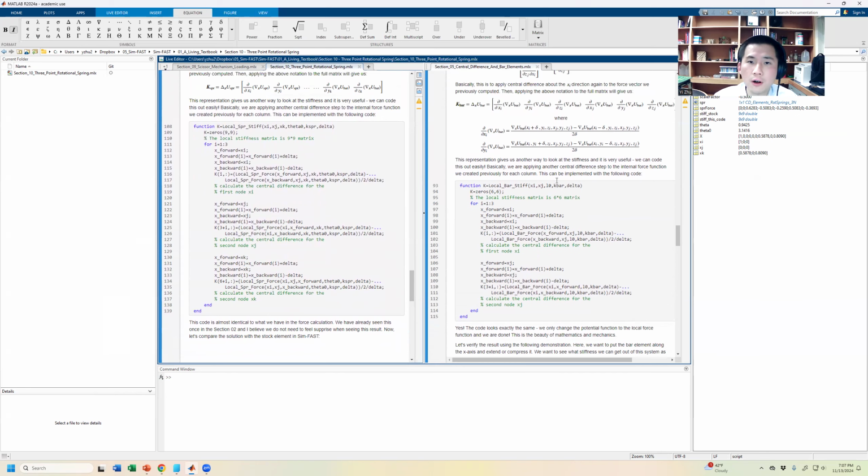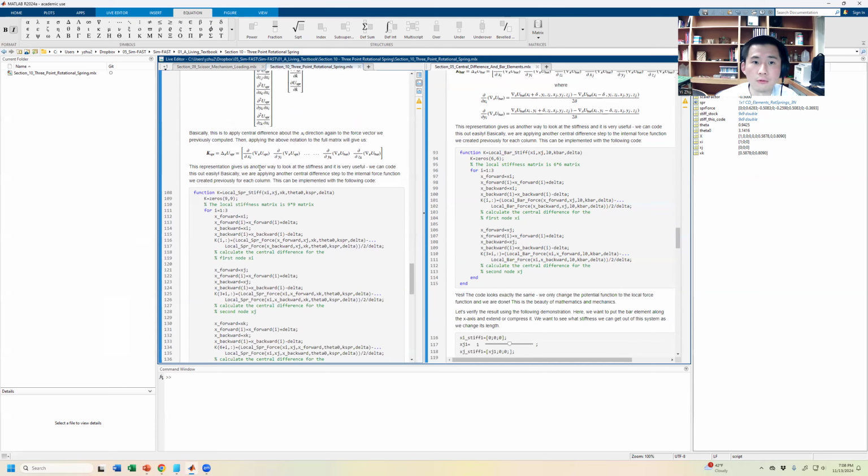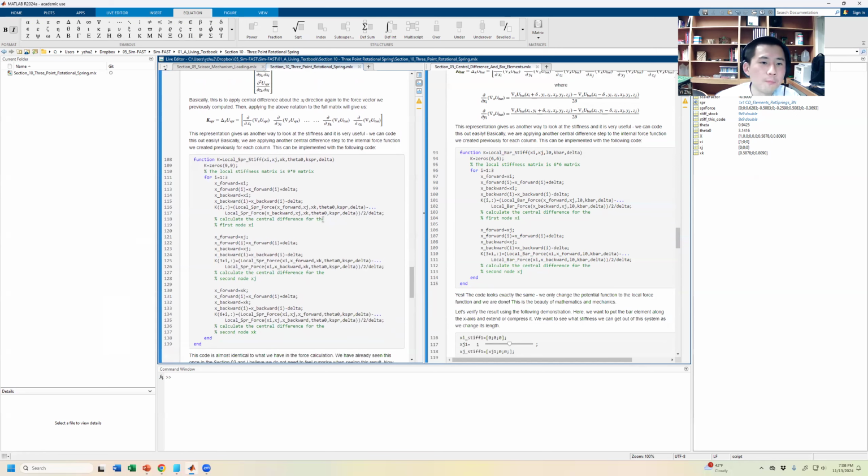For each column, we're still going to be doing a central difference, but done for all the elements in that vector at once. Apart from that, everything is still the same, right? So this is what we did in section 5, and we're going to do the same thing here for the 3-node rotational spring.